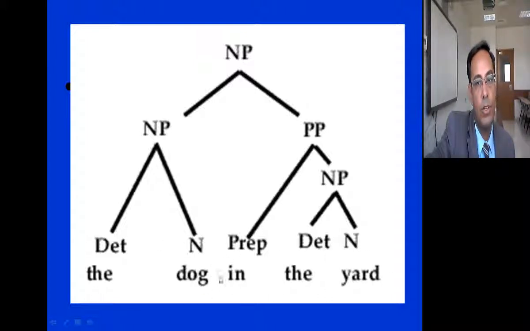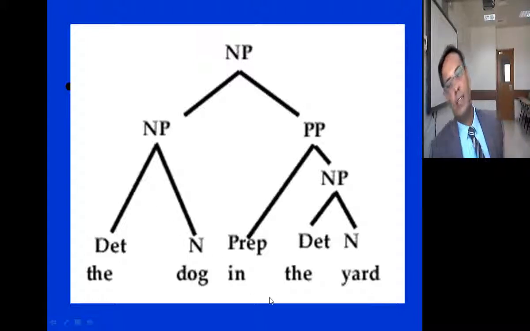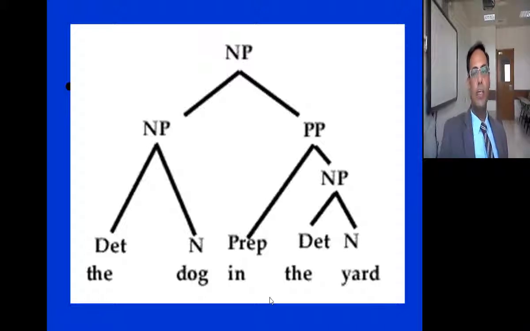If you look at this prepositional phrase, it consists of the preposition in and the noun phrase the yard, which consists of the determiner the, and the noun yard. So this is the way we draw the tree diagram to analyze the structure of the noun phrase the dog in the yard. We will have more examples.